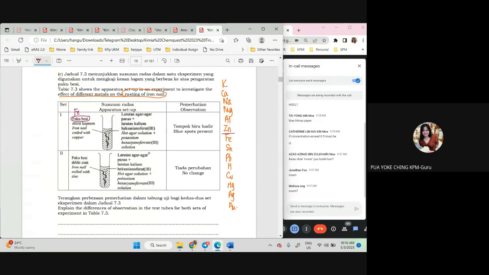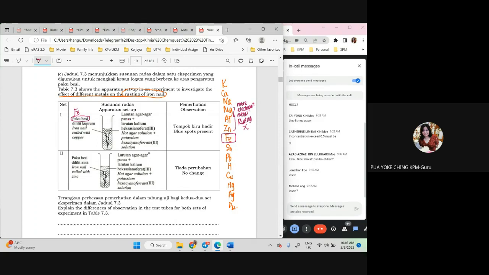So, Fe di sini. Okay. So, Fe dengan logam di atas Fe means this one. If Fe in contact with more electropositive metal, then rusting not occur. Bila Fe bersama dengan magnesium, aluminium atau zinc, iaitu yang lebih electropositive, pengaratan tidak berlaku.